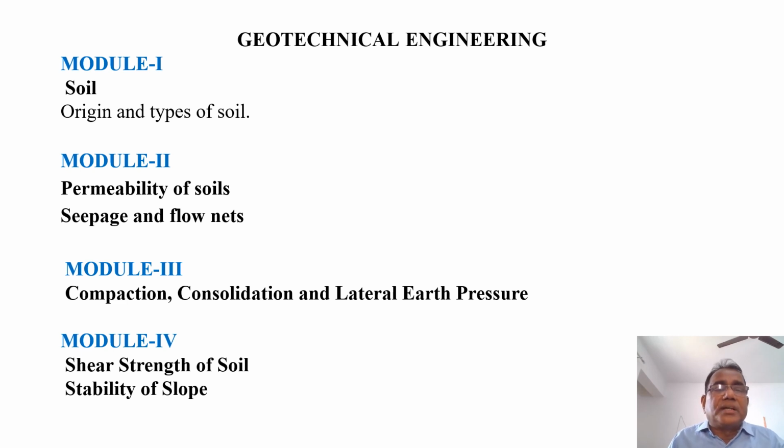In this topic, we shall study how we can analyze the slope for infinite or finite cases. There are different methods for slope stability analysis, which we shall study under these chapters.